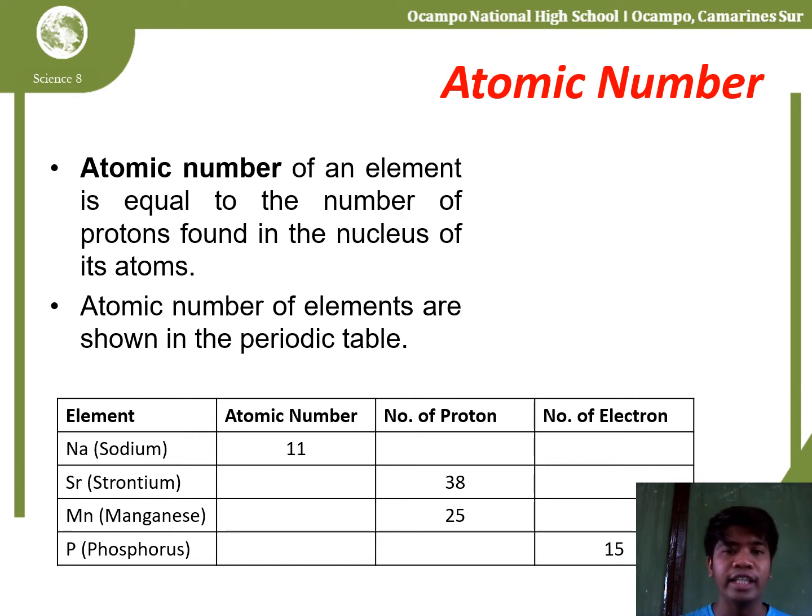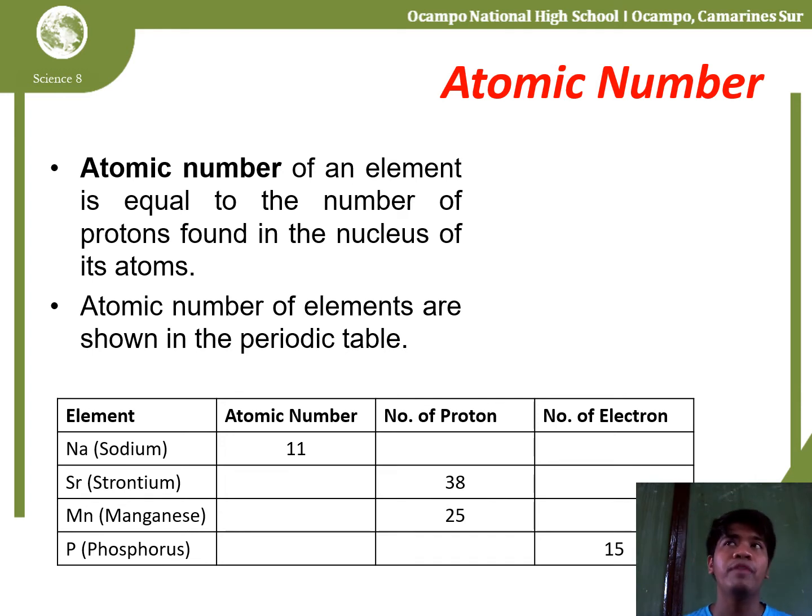So, ito yung tatandaan ninyo, class. Okay? Atomic number is a property of an atom. Para malaman natin kung ano yung atomic number ng isang atom, titingnan lang natin yung number of proton. Okay?